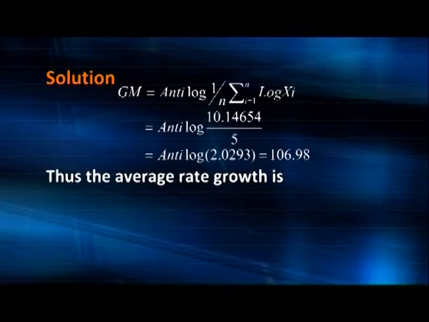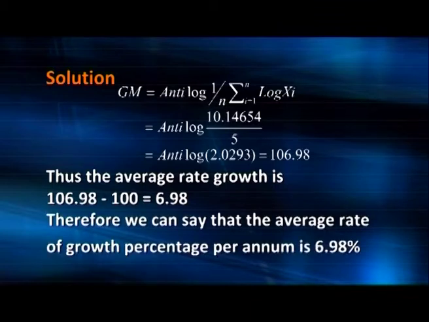Thus, the average rate of growth is 106.98 minus 100, which is equal to 6.98. And therefore, we can say that the average rate of growth percentage per annum is 6.98%.